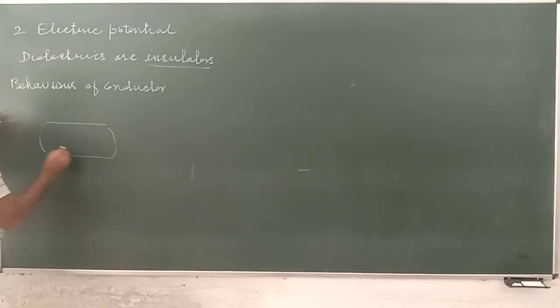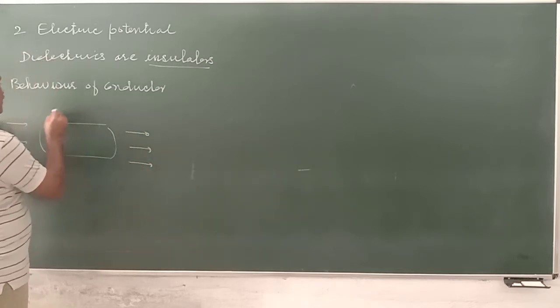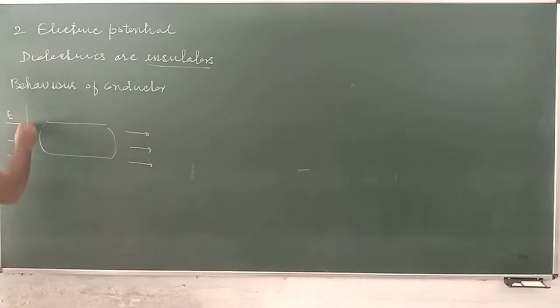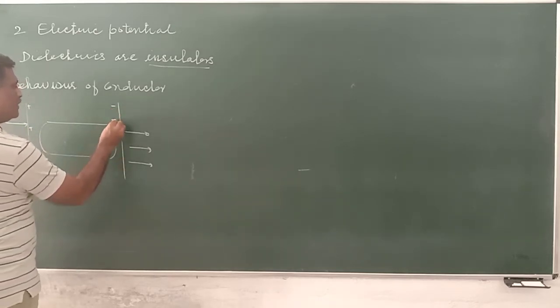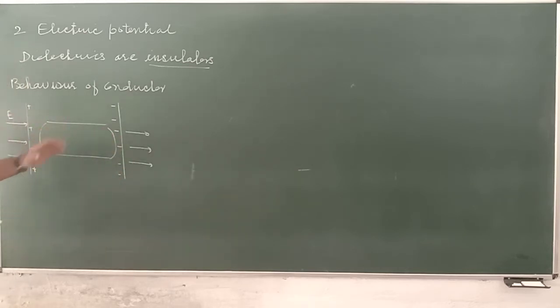The electric field is going from here to here. It simply means the positive plate is here and the negative plate is here. So between these two plates, the electric field is going from here to here.